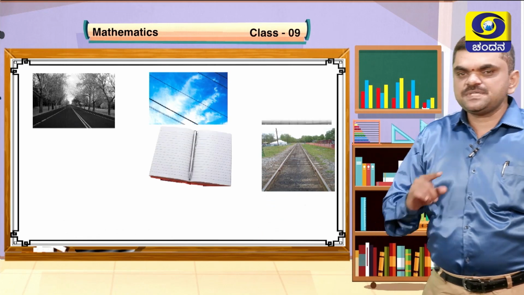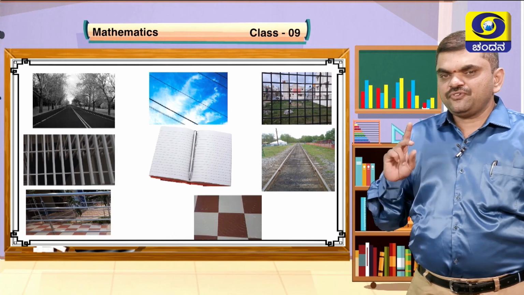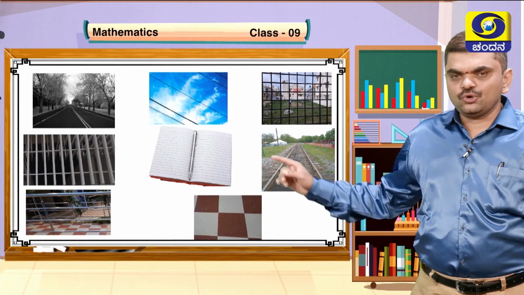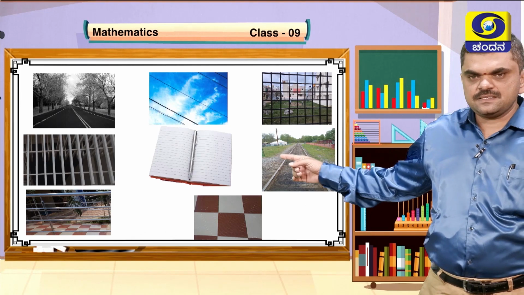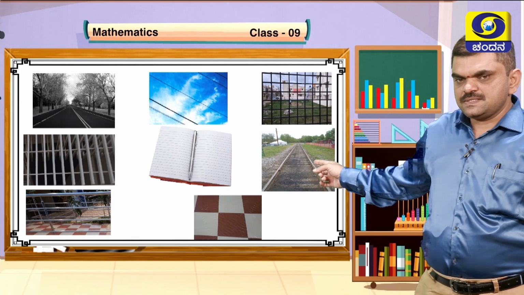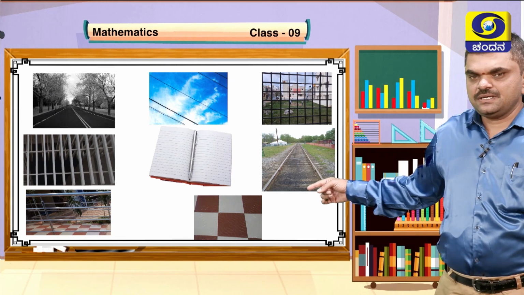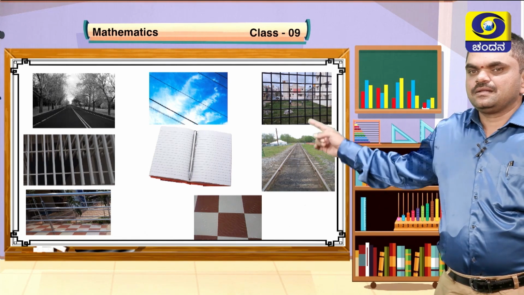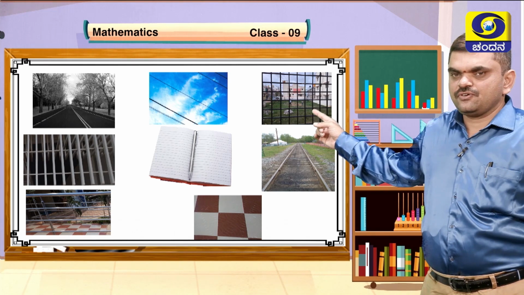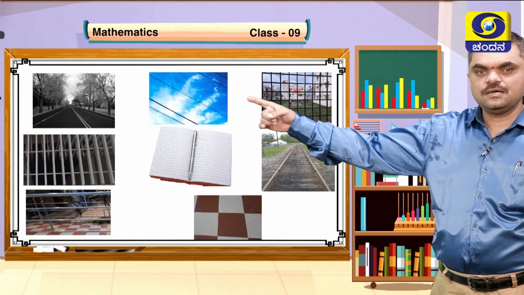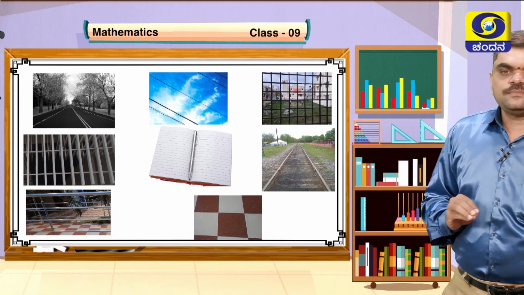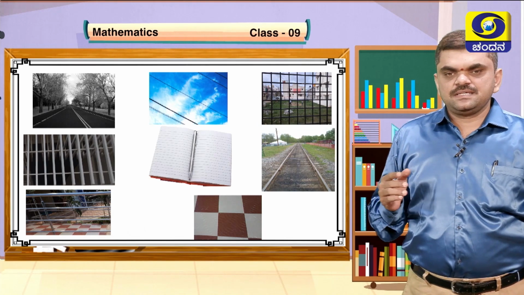Children, observe here, there are different types of lines here. In your notebook also there are lines, railway track lines, the lines in the tiles, the edges of the tiles, the lines in grills of your house, lines on the road also. You may observe different types of lines here children.